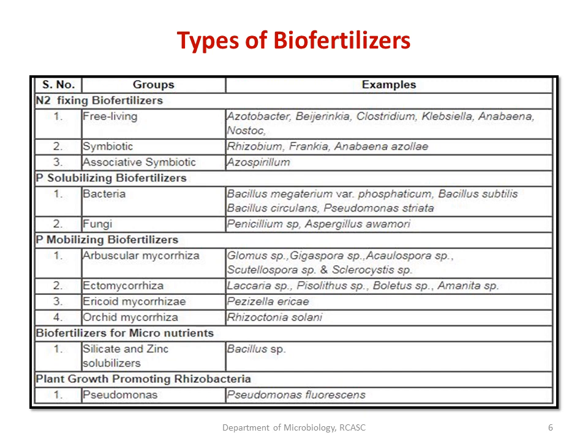Examples: Azotobacter, Beijerinckia, Clostridium, Klebsiella, Anabaena, Nostoc. Irrespective of whichever group they belong to, whether bacteria or algae, we can use those as a biofertilizer. Symbiotic, if they have been associated with a particular plant.